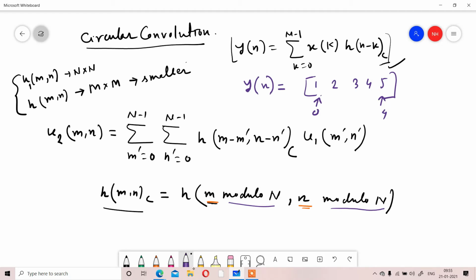That means the expression is varying from 0 to 4.